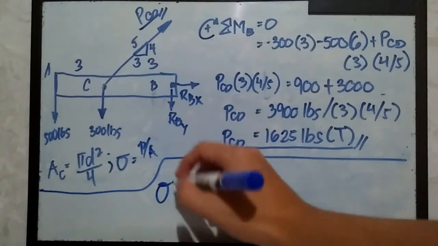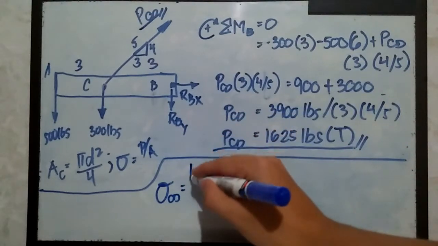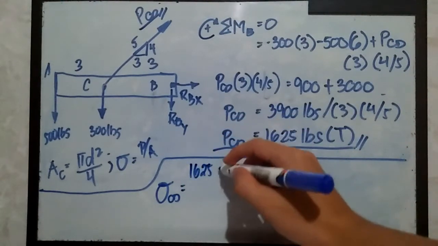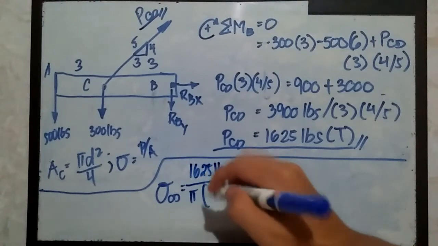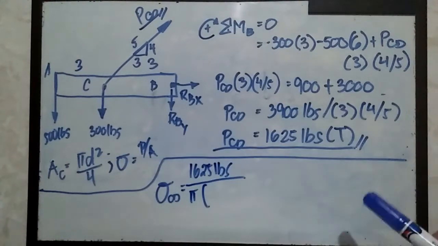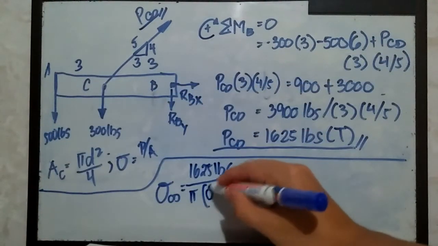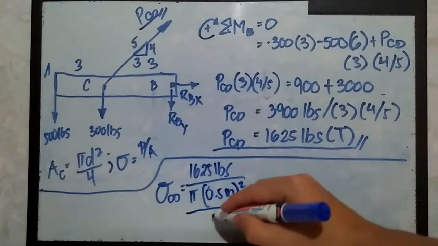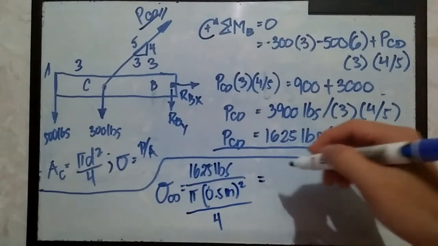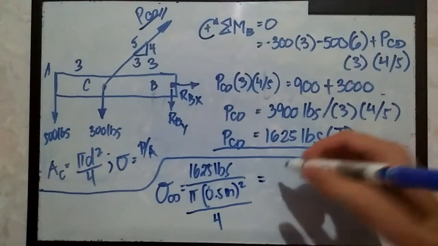So sigma sub CD is equal to this one, 1625 pounds divided by pi. The diameter is 0.5 inch. So that should be 0.5 inch squared divided by 4. So sigma sub CD is equivalent to 8,276.